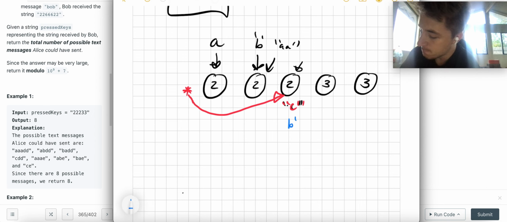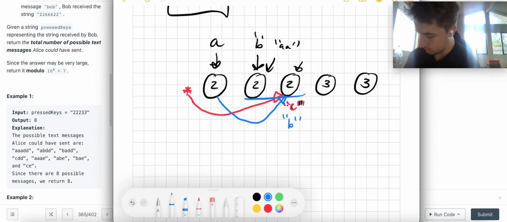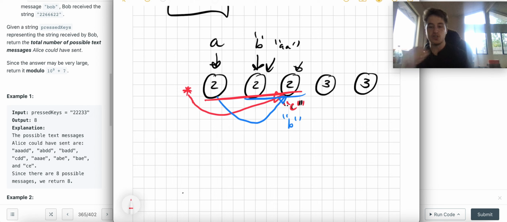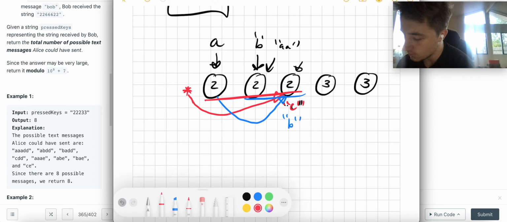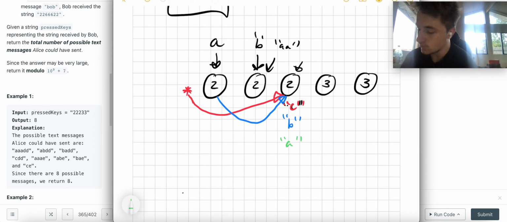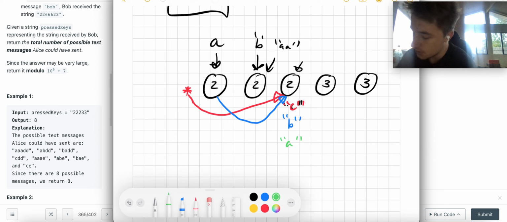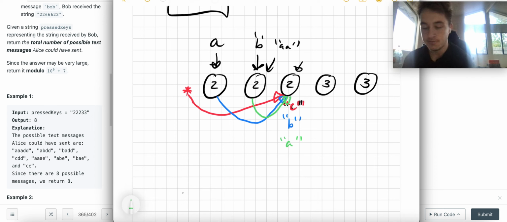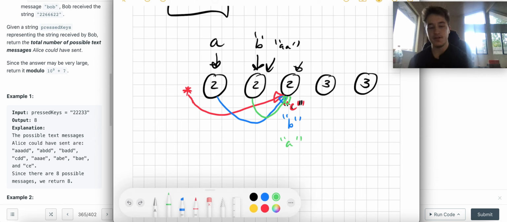If I typed a B, I had to type two 2s in a row, so I went from here to here. If I typed a C, I had to use these three 2s. So I'm using these arrows to represent what I had to skip in order to get to this system. And if I typed an A here, I must have used just the last node to get there, because I only had to use one such node to get to this place.